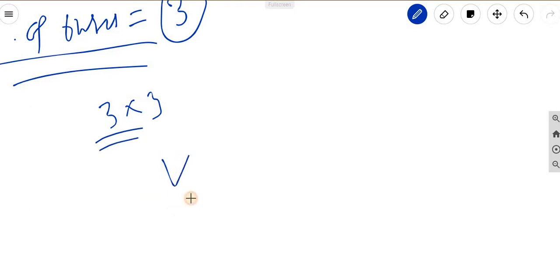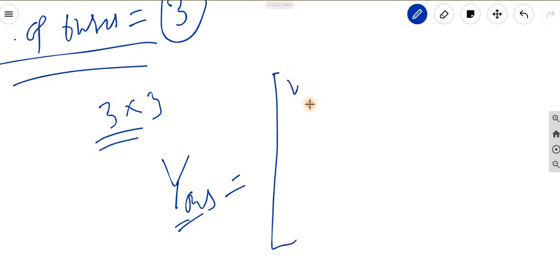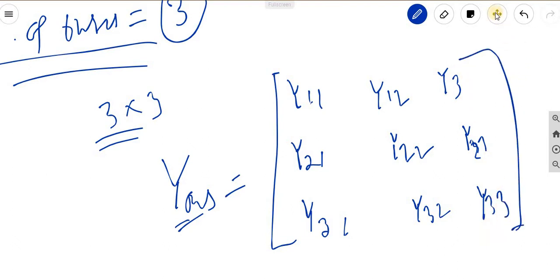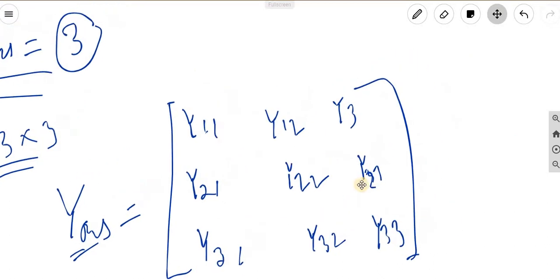Okay, so Y bus, if you just see the direct inspection method, so Y11, Y12, Y13, Y21, Y22, Y23, Y31, Y32, Y33. Okay, so these things we will get.